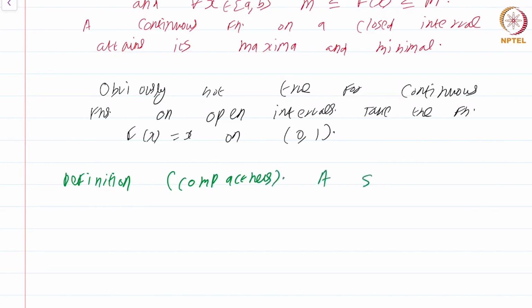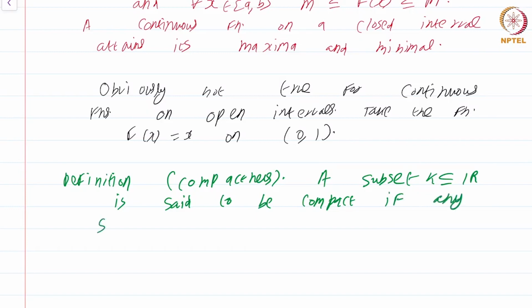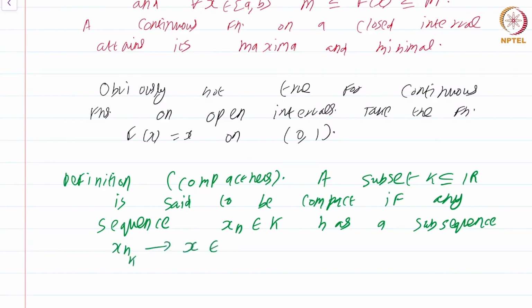A subset K of R is said to be compact if any sequence x_n in K has a subsequence x_{n_k} that converges to x, and this x must be in K. Any sequence in this set must have a subsequence that converges, and not only should it converge, it should converge to a point that is there in the set. Then we say that the set is compact.